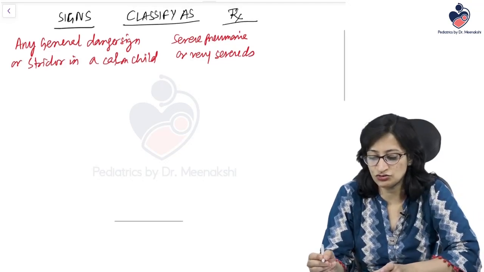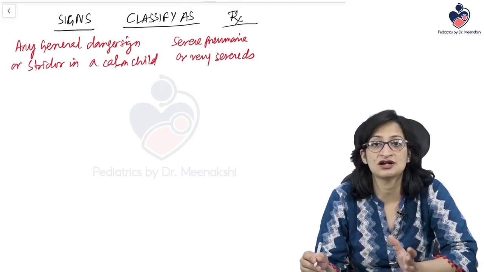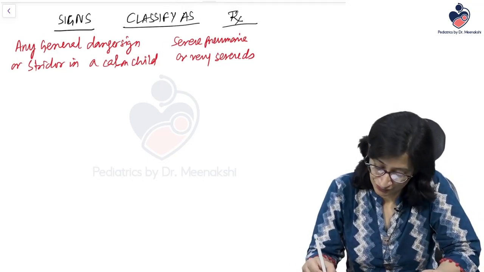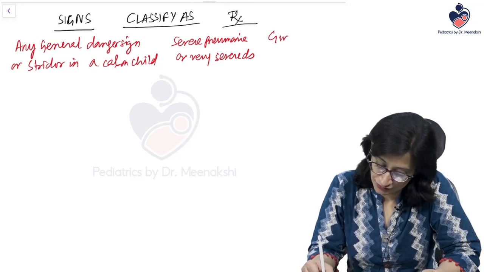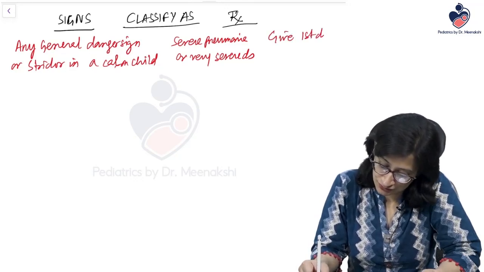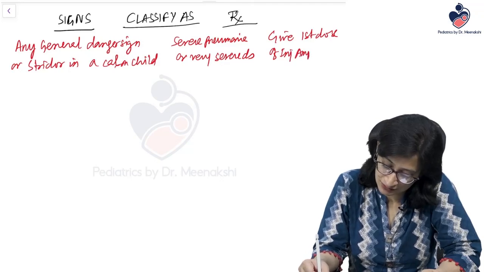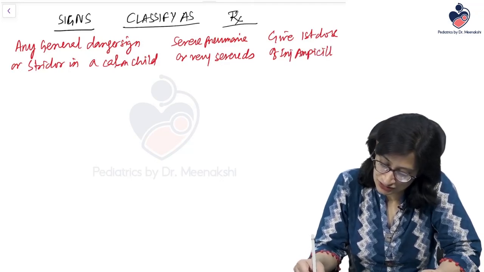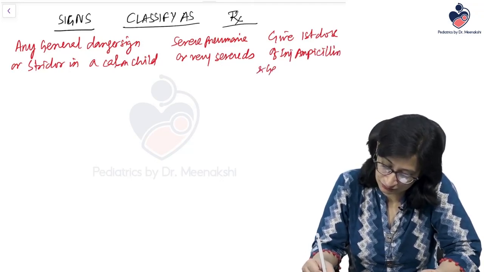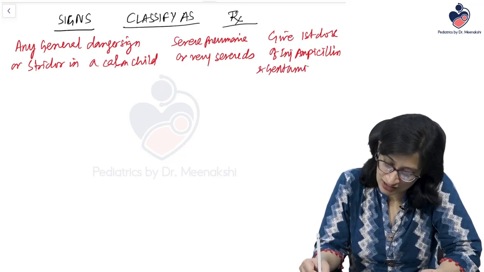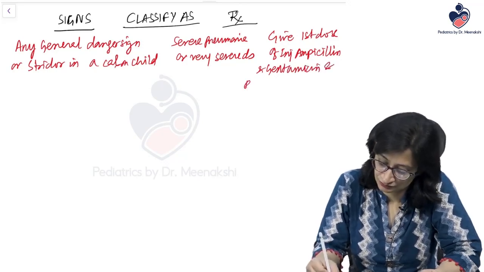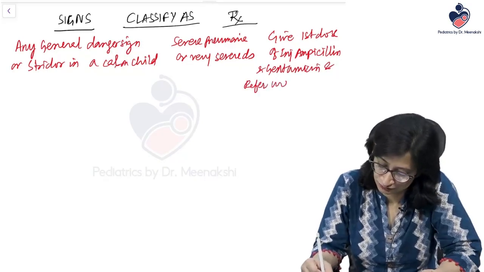The treatment is to give the first dose of injectable antibiotics and refer. Give the first dose of injection ampicillin and gentamicin and refer urgently to hospital.